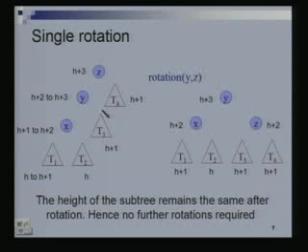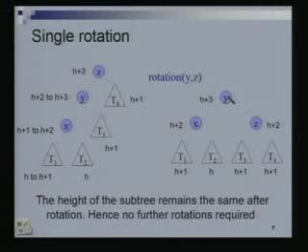Why is this important? Because of the remaining tree. Now I don't have to go up further. Any ancestor of this, its height would not change anymore, because whatever was the original height, h plus 3, of this node is the new height of this subtree also.